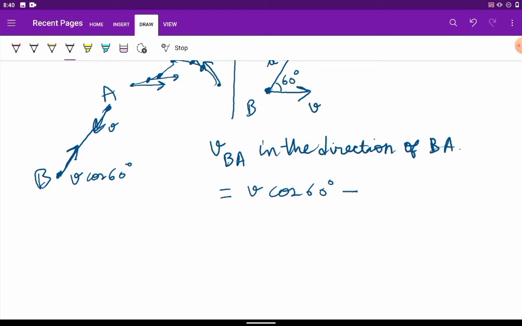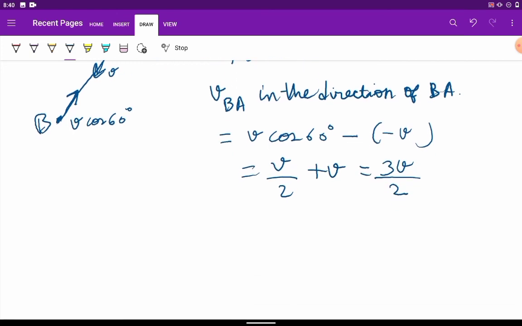A moves in the direction of AB with magnitude V, so it is minus V. This becomes V by 2 plus V, which is 3V by 2.